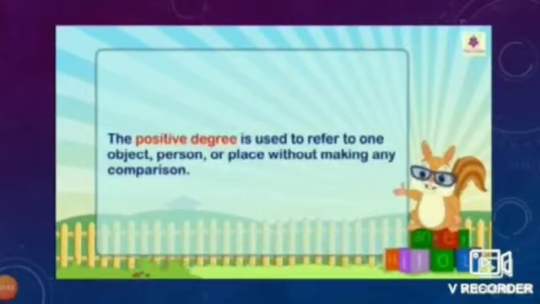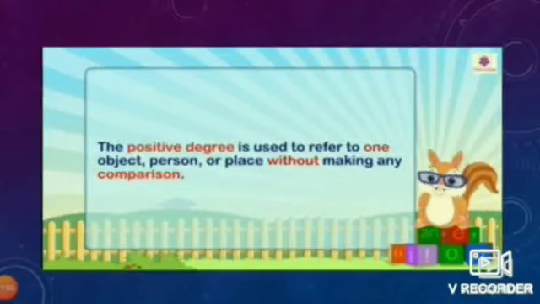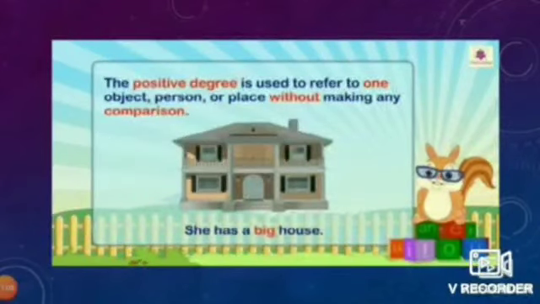Let's see about the first one. The positive degree is used to refer to one object, person, or place without making any comparison. Right, students? Let's see an example. She has a big house.